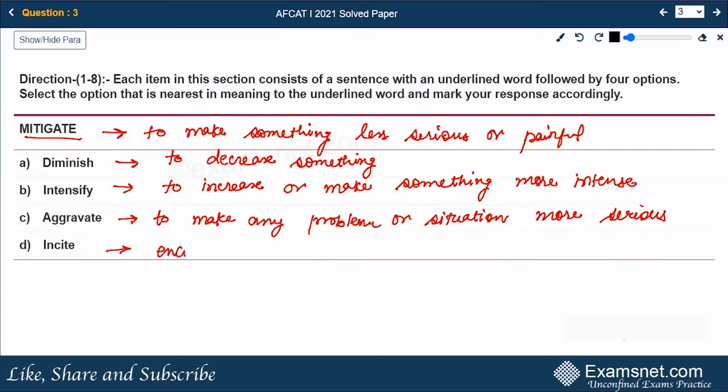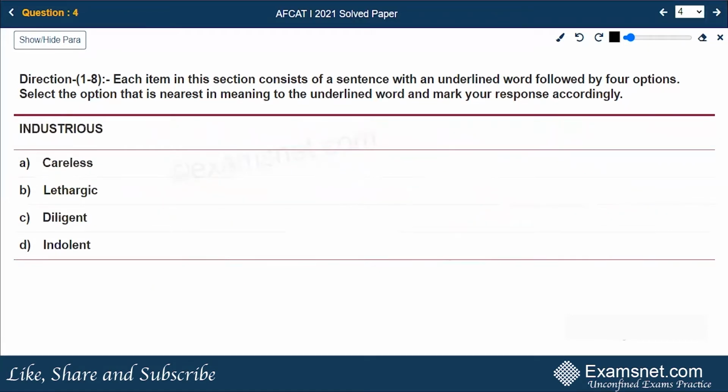Incite means to encourage the wrong behavior or the violent behavior. So from here, the correct synonym for mitigate is diminish because both of these words make the sense of decreasing something. So option A is your correct answer. Next, question number 4.